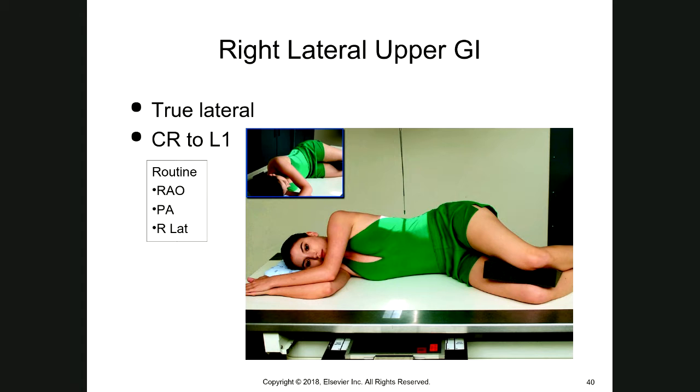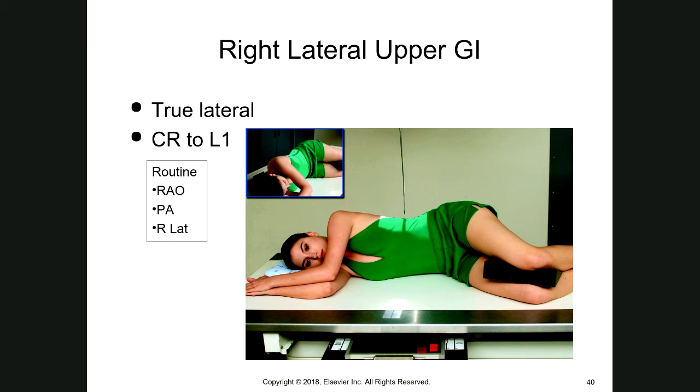Retro means behind or backward, and gastric space would be the space behind the stomach. So this view is the only one that shows depth. If anything was present behind the stomach, whether it be a mass or a tumor, this is the only view that you would see that. Okay, so it's the only one that shows the retrogastric space.